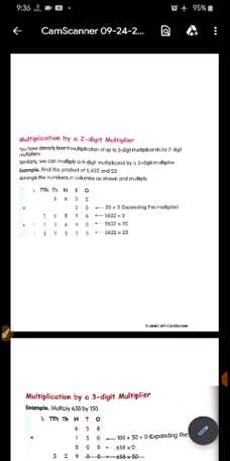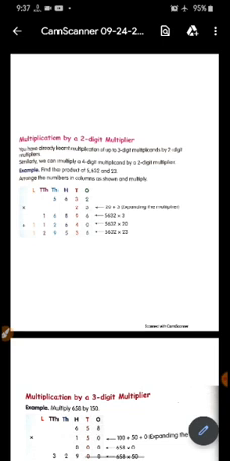So after arranging them, we will first multiply by the multiplier's 3 ones to the whole multiplicand.